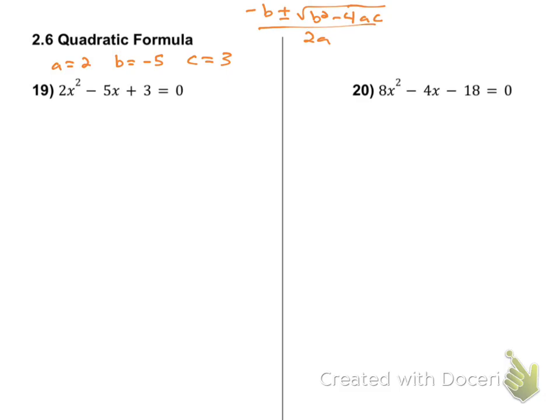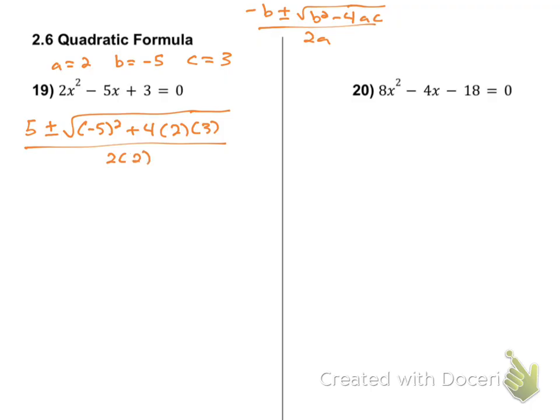So that negative 5 will make that a positive 5 plus or minus the square root of -5 squared plus 4 times a times c, so that'll be 5 all over 2 times 2. That'll give me 4.